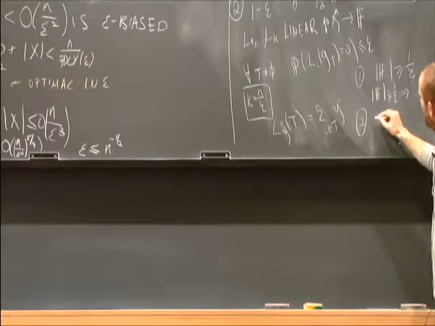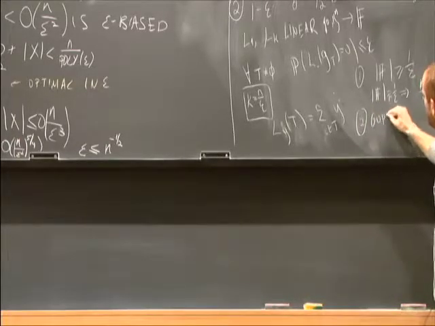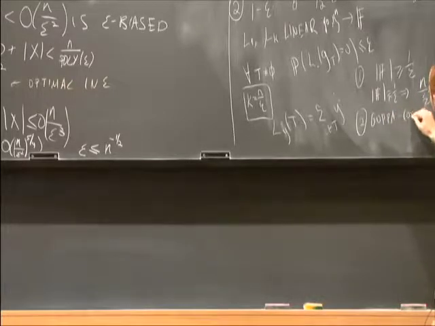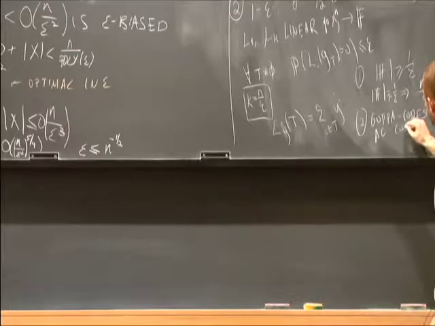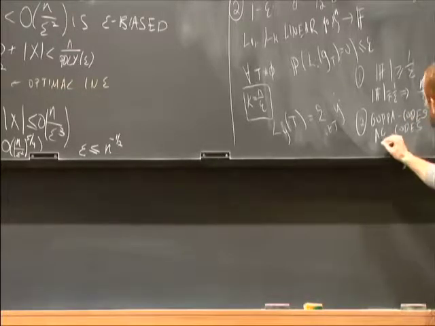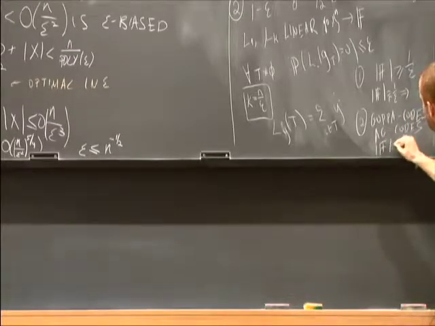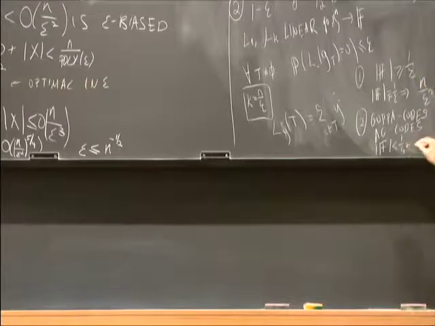So Goppa codes, or algebraic geometric codes, give a field of size 1 over epsilon squared. And then the construction is of size n over epsilon to the power of 3.